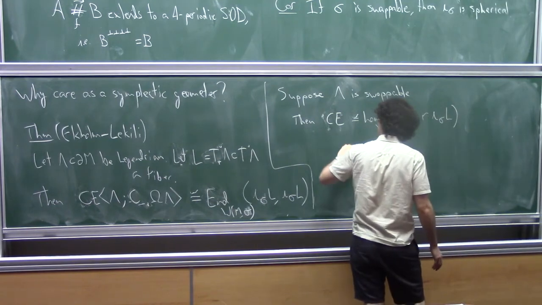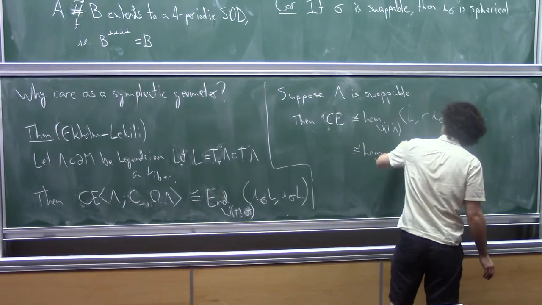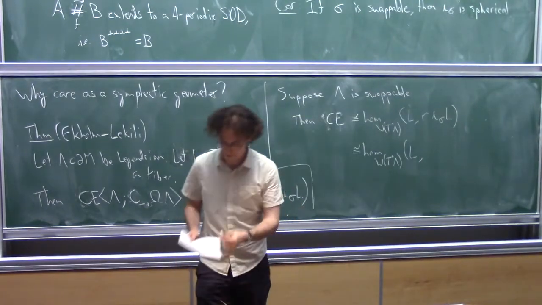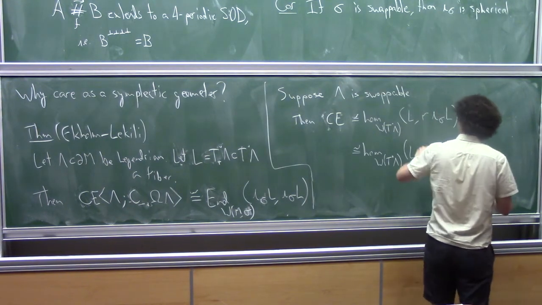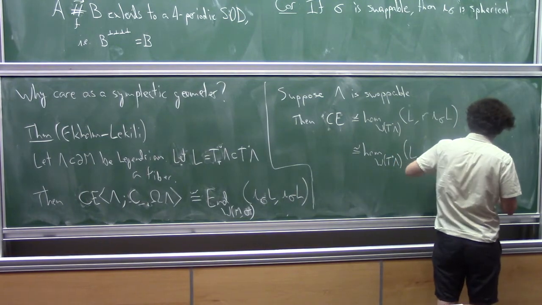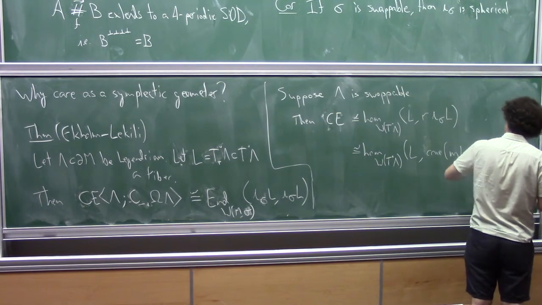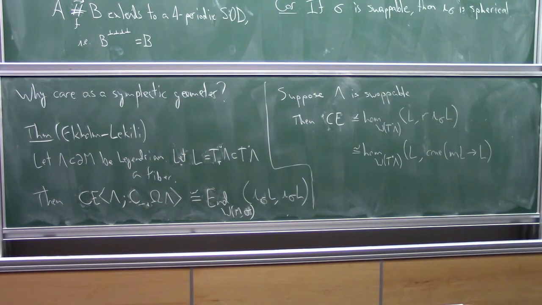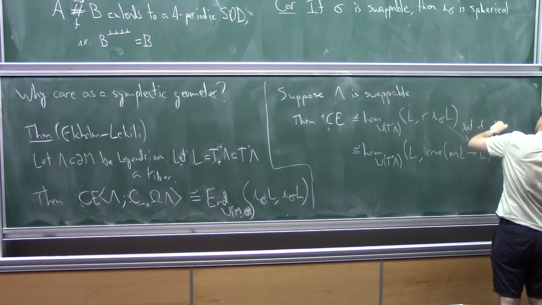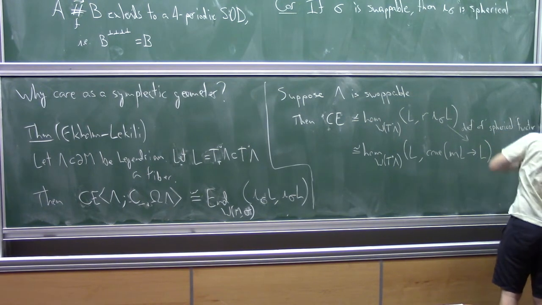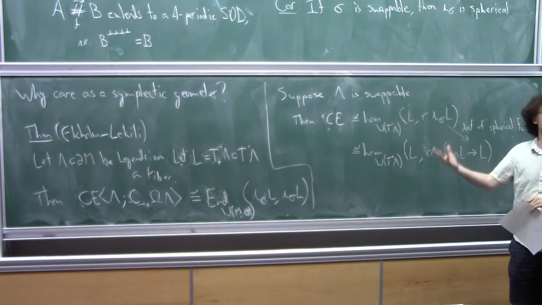And now this thing is equivalent, using one of the exact triangles in the definition of a spherical functor, to the cone of some monodromy applied to L to the identity to L. And this monodromy is really the equivalence of the Fukaya category of the cotangent bundle induced by the geometric monodromy of the swap.